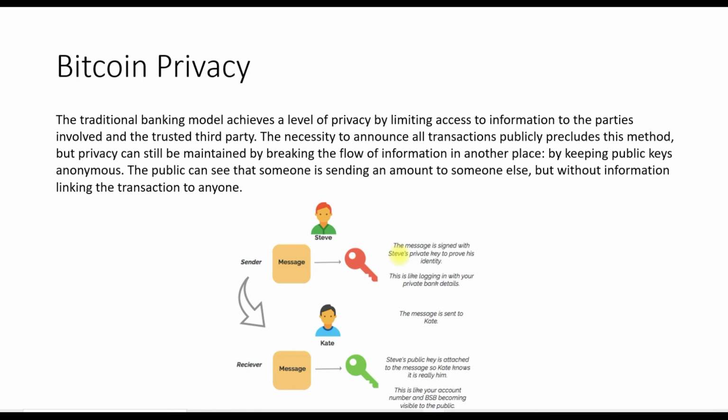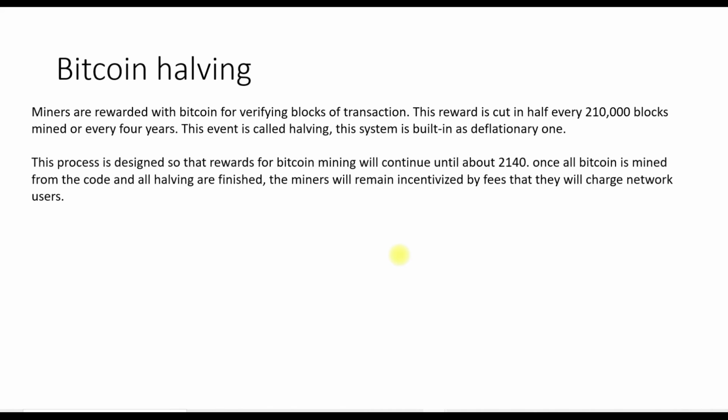We go to the next one, sorry. Bitcoin halving, which is an important part of all of this, is to keep the security of it, I guess. Miners are rewarded with Bitcoin for verifying the blocks of the transactions. This reward is cut in half every 210,000 blocks mined, or every 4 years, roughly. This event is called halving.